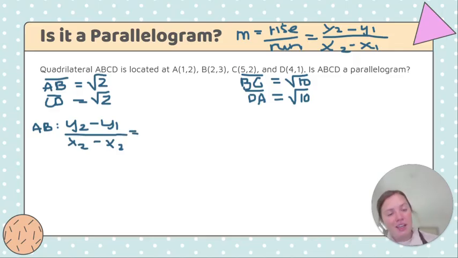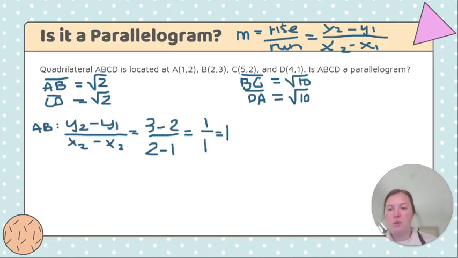But the equation itself has 2 first. So I am going to have my y2 point be 3, and I'm going to subtract 2. And then we have 2 minus 1. So that gives us a slope of 3 minus 2 is 1. 2 minus 1 is also 1. So our slope here is going to be equal to 1.